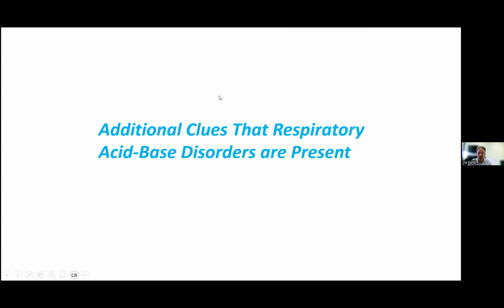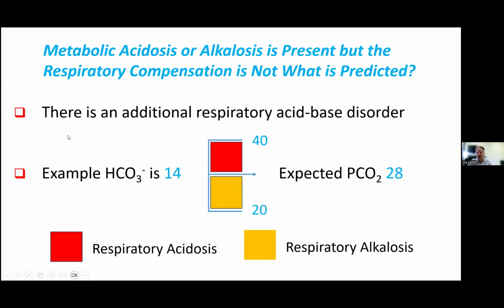Now, there are additional clues that a respiratory acid-base disorder is present, and that's this following subtlety, but it's very important for your practice and for your exams. Metabolic acidosis or alkalosis is present, but the respiratory compensation is not what you predict it to be. By definition, that means that you have more than one acid-base disorder, and it means you have a respiratory acid-base disorder.